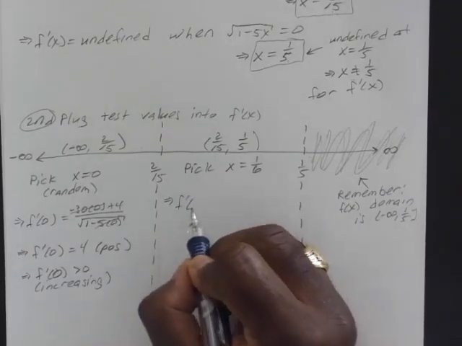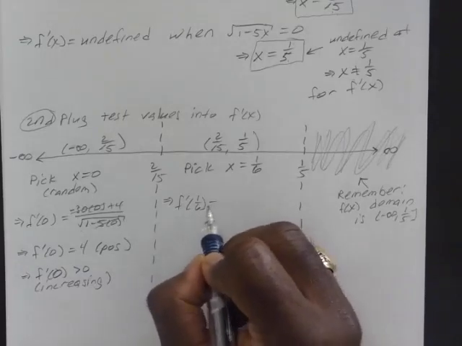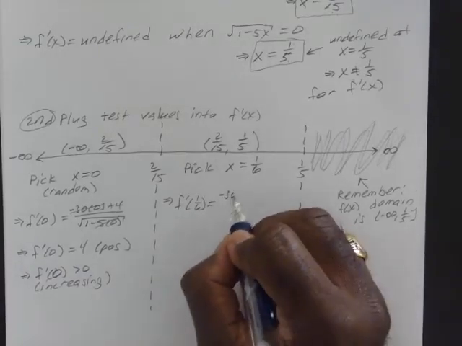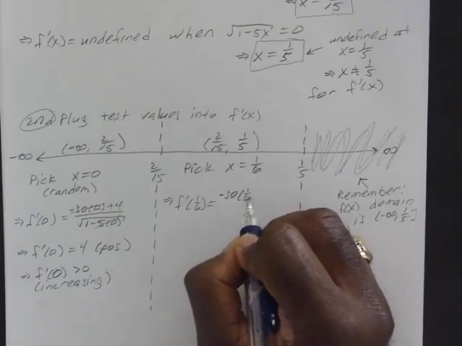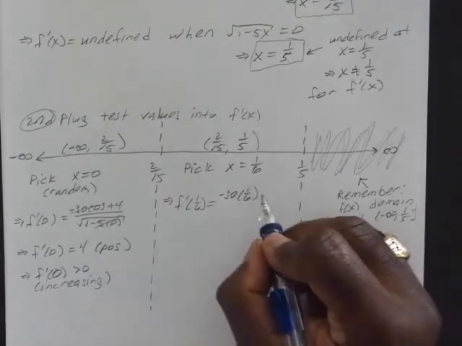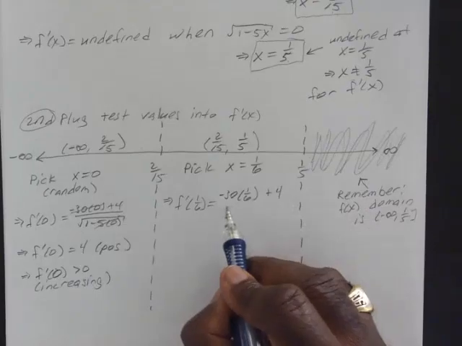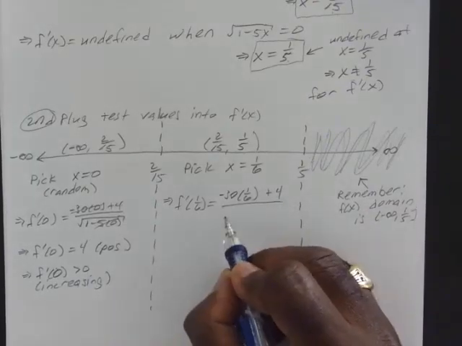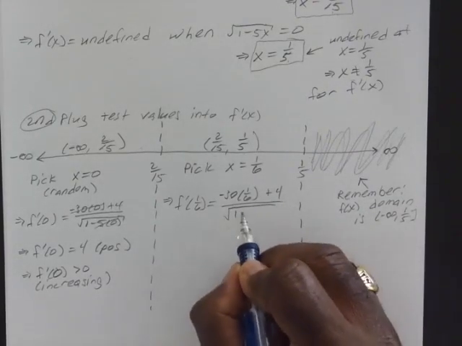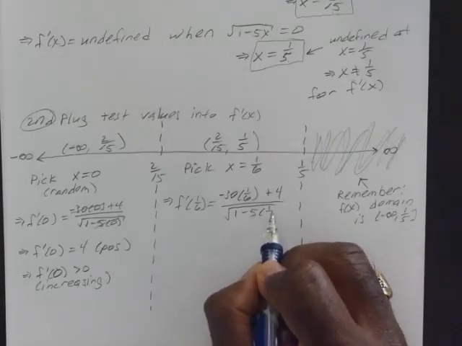Okay, so we have f prime of 1/6 is equal to negative 30 times 1/6 plus 4 divided by the square root of 1 minus 5 times 1/6.